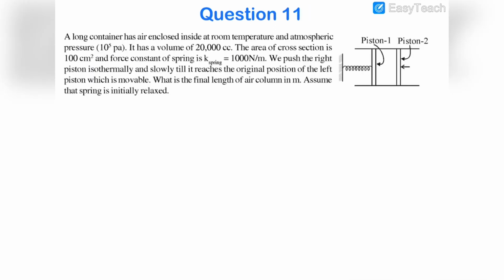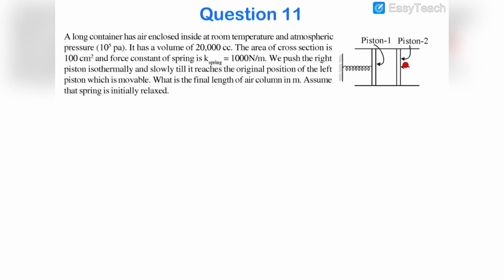In this question, you can see that there is a long container and there is some air enclosed in the container in between these two pistons. The air is initially at room temperature and at the atmospheric pressure of 10 to the power 5 pascals, and the volume of air trapped in between these two pistons is 20,000 cc. The area of cross section of the piston is 100 centimeter square, and the force constant of the spring is 100 Newton per meter.